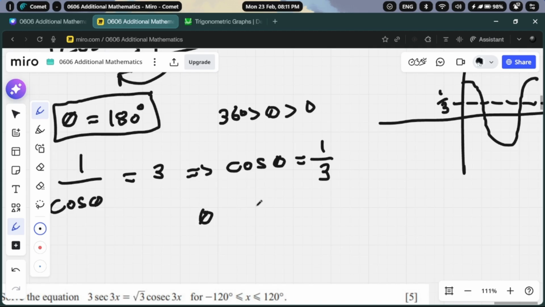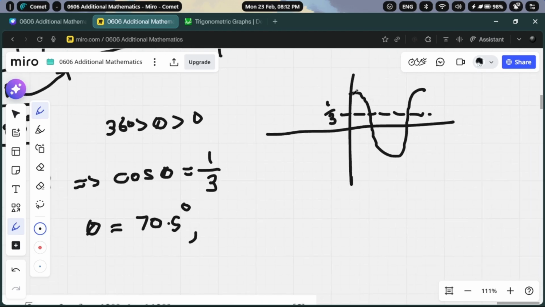So I'll just use my calculator now. Cosine inverse of 1/3 gives me 70.5 degrees. For trig functions and these trig equations, make sure your answers are to one decimal place as well.